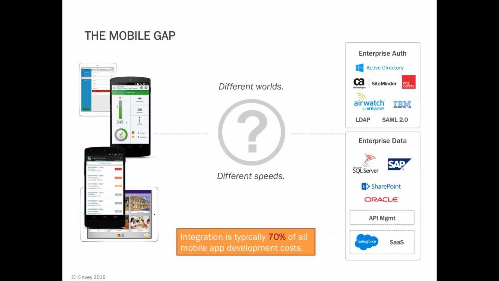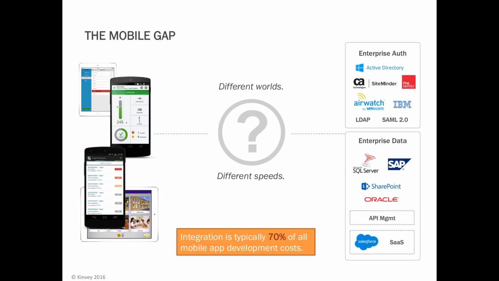Enterprise systems don't always support that. They're not always very friendly. They have different types of APIs and use different standards. Maybe some have SOAP web services, maybe some have REST web services, maybe some don't have web services at all. They may not be set up to scale in the way your mobile app needs. So there's this gap that causes people a lot of challenges when doing mobile development.